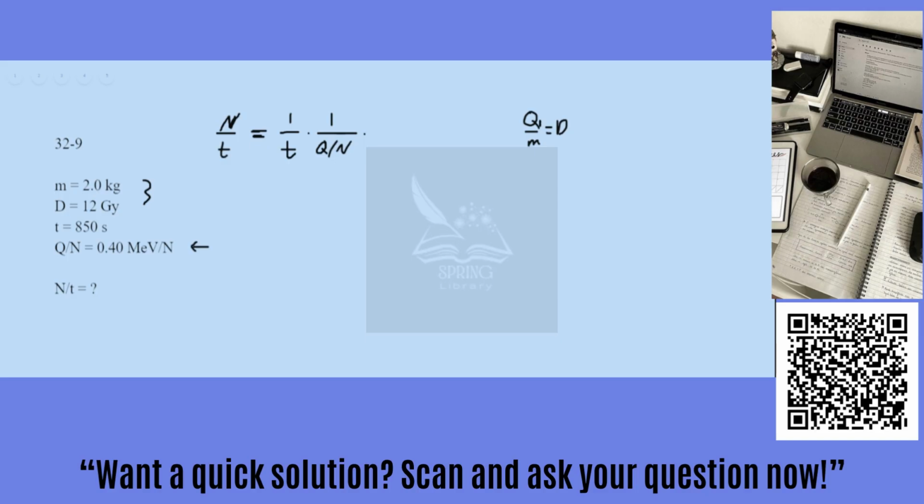Therefore, this is my total energy: total energy is simply mass times dose. So you can put that in the numerator here, M times D. This expression gives us units of N over T, the radioactivity that we want to find, and we can just plug it in and convert units as we need.